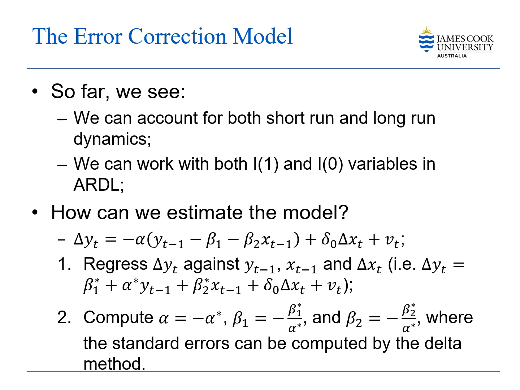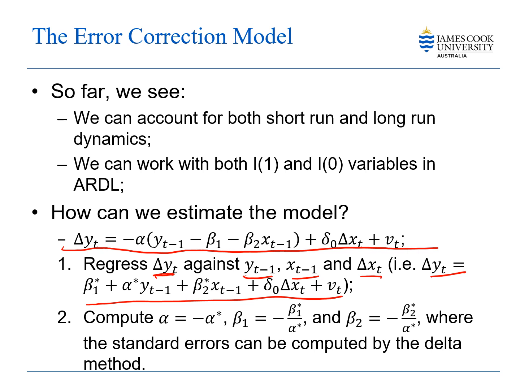The question is, how can we estimate these models? This is what we want to estimate. We can regress delta yt against yt minus 1, xt minus 1, and delta xt. So estimate this equation, and let's call the intercept beta 1 star, alpha star, beta 2 star, d0. Then we compute the corresponding alpha, which is negative alpha star.